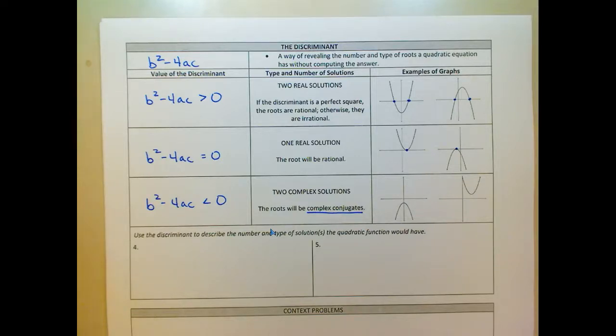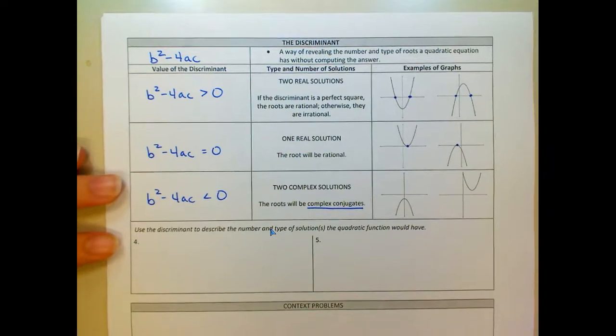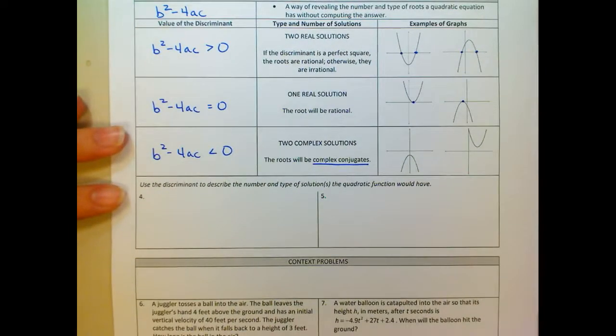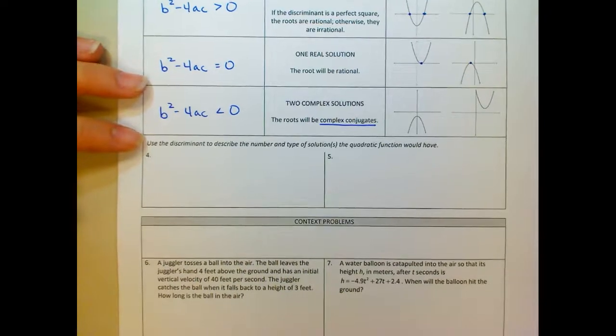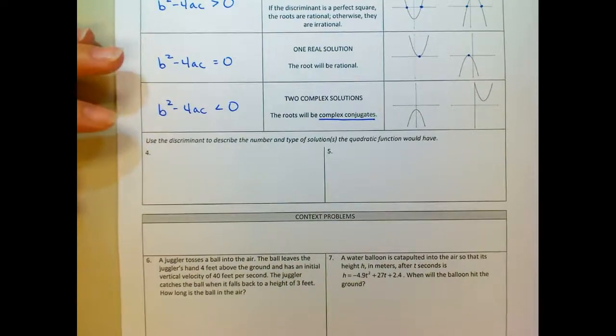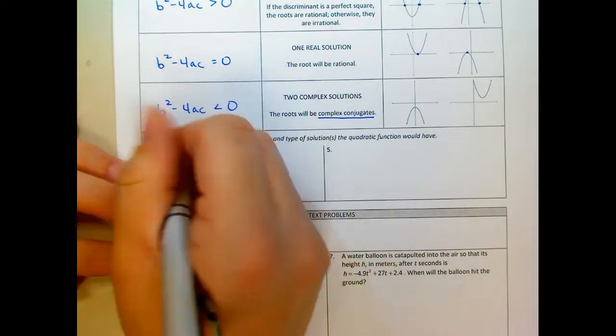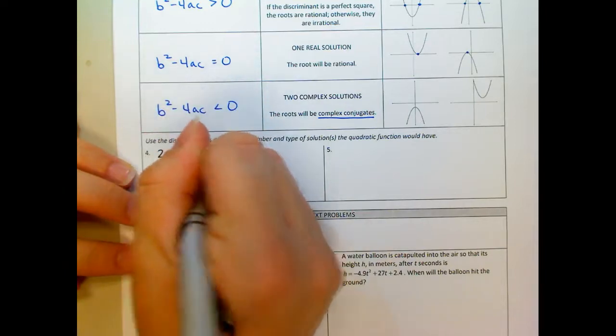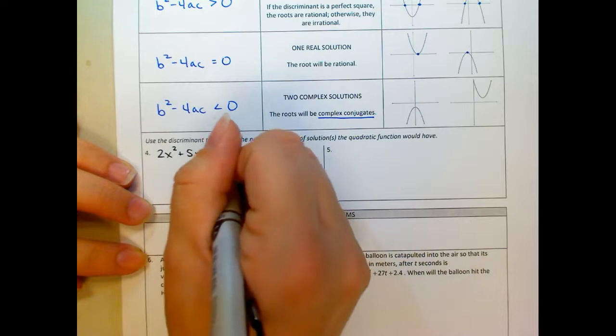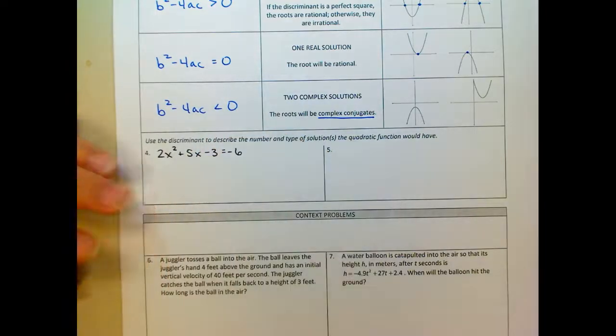Okay? So down here on 4 and 5, we are going to determine the number and type of solutions just based on the discriminant. For number 4, we have 2x squared plus 5x minus 3 equals negative 6. Again, the very first thing you should be doing is putting this in standard form.